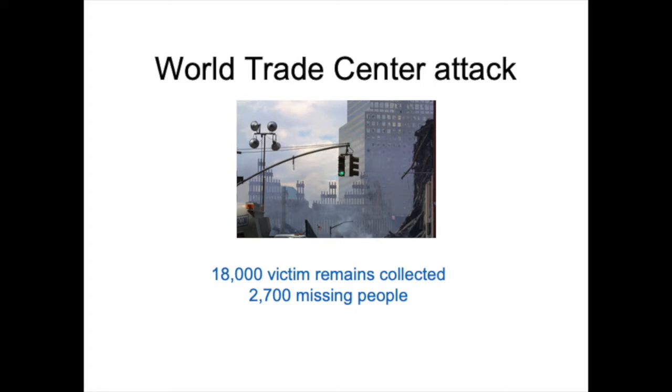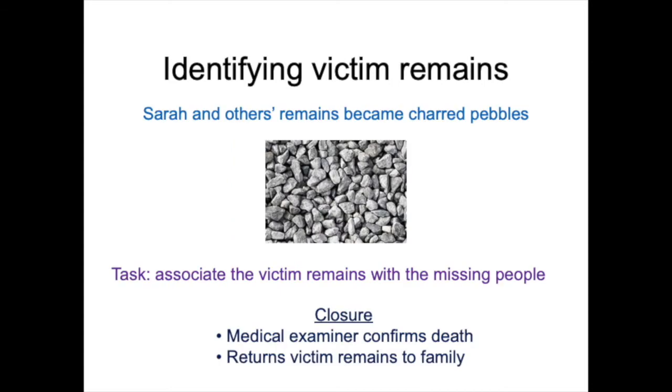So that's what we're starting with. There's this attack, massive incineration of the people, the contents, and we have collected victim remains. Now the task is to identify those victim remains of Sarah and the other 2,700 missing people.